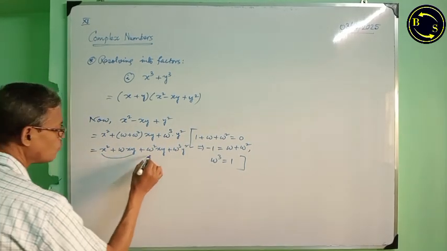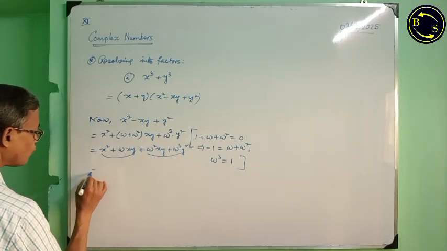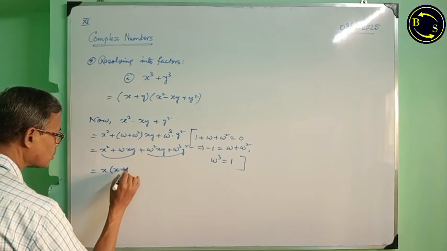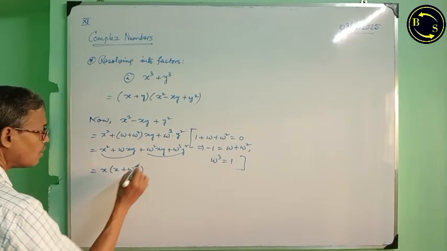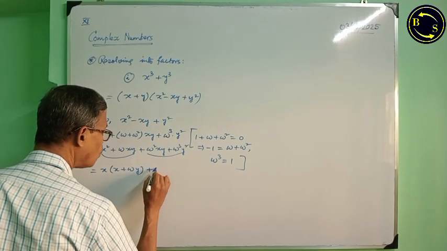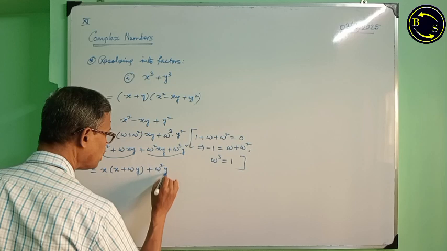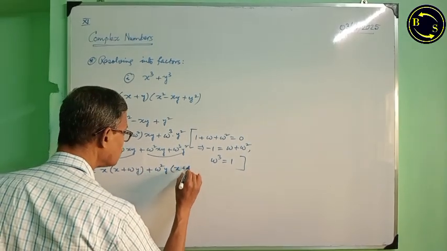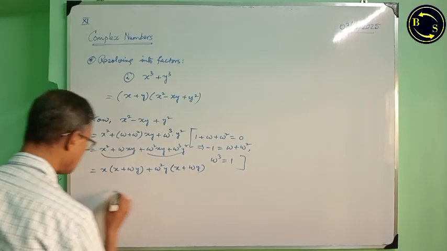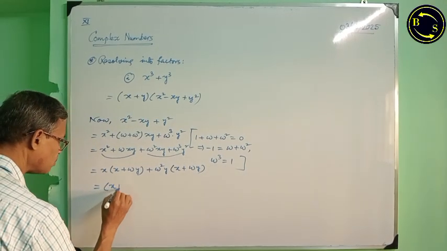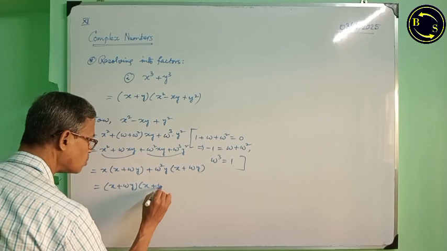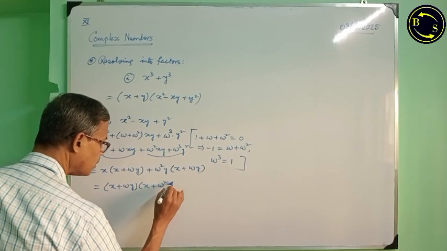Now I take these two first, then these two. Common factor is x plus omega y. From these two, omega square y is the common factor. Then x plus omega y, that will be equal to x plus omega y into x plus omega square y.